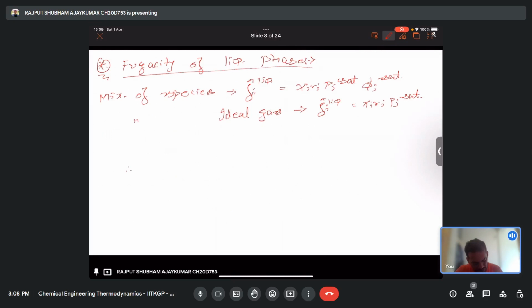Now according to Raoult's law, gamma_i equals 1 and fi of liquid is equal to xi Pi sat. Also we have seen Henry's law.